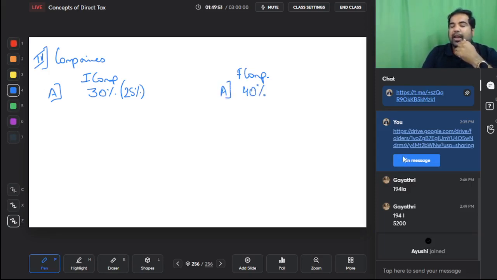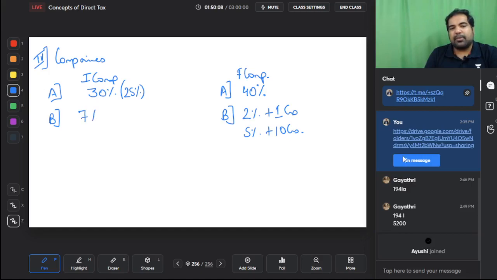So this is slightly higher, yes, but the surcharge kind of makes up for it, because the surcharge of the foreign company is 2% if the income is above 1 crore, and it is 5% if the income is above 10 crores. But here it is 2 plus 5, 7% if it's above 1 crore and 12% if it's above 10 crores.